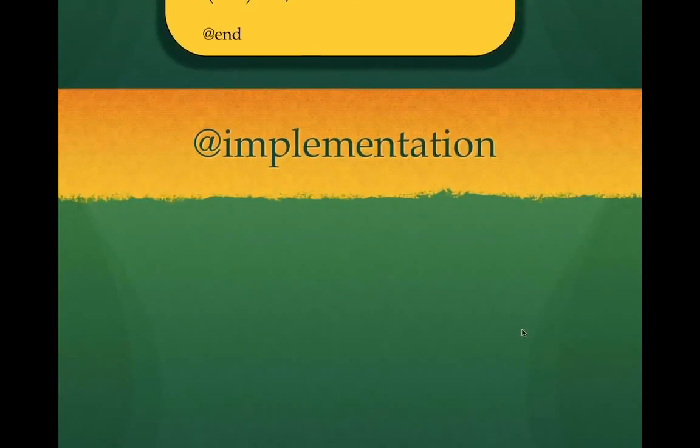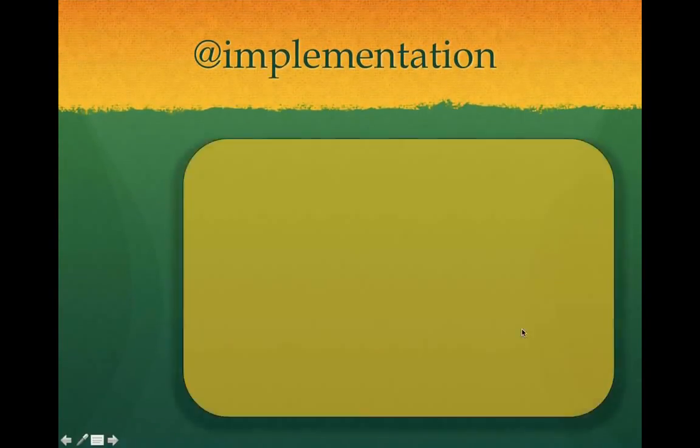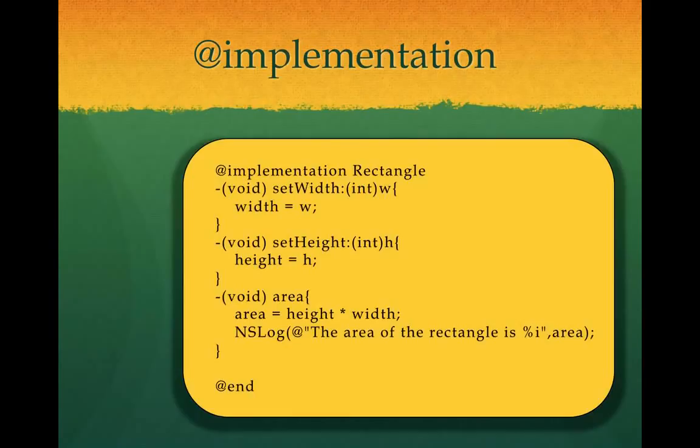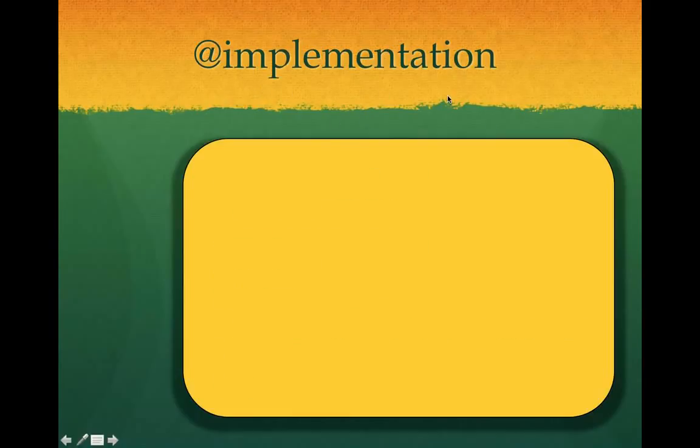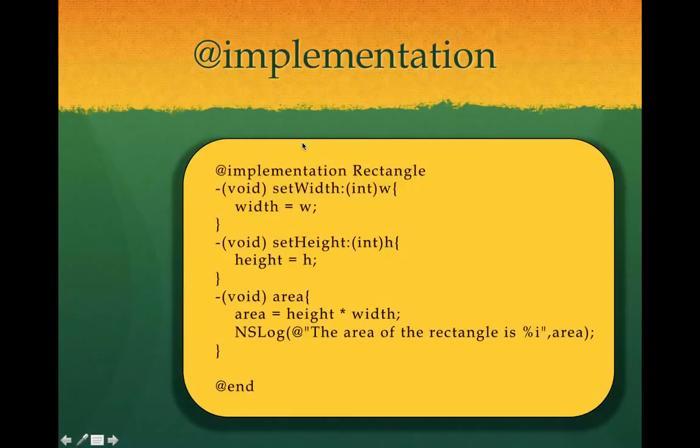Now let's move to the .m file, which is also called the implementation file. As you can notice here, the first word is @implementation, and we also end it with @end. So the same applies here: @implementation, our class name, which is Rectangle. Then we only have to implement our methods.